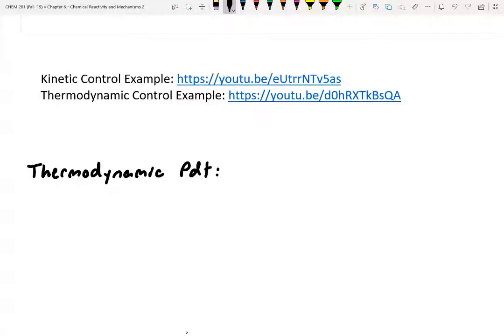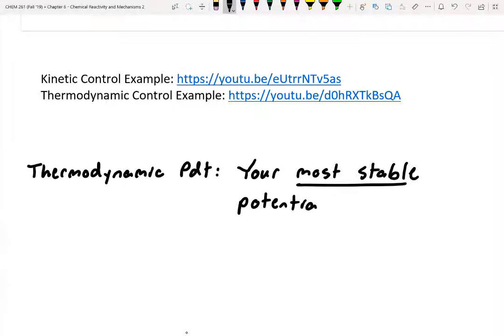So the thermodynamic product is your most stable potential product. Right, we said once you get into that most stable well, you're not going to get out of that well because the reverse reaction has an activation energy that is simply way too high.